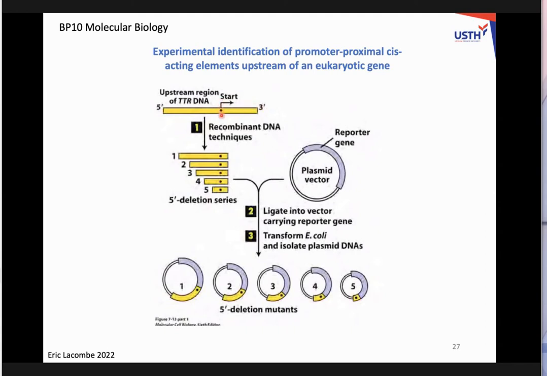We will consider it as including the transcription start, so all the sequence necessary for the binding of the RNA pol II complex, plus the sequences which are 5' before, so all the regulatory sequences. The idea is to use only this promoter, which we can clone in a plasmid that contains a reporter gene.